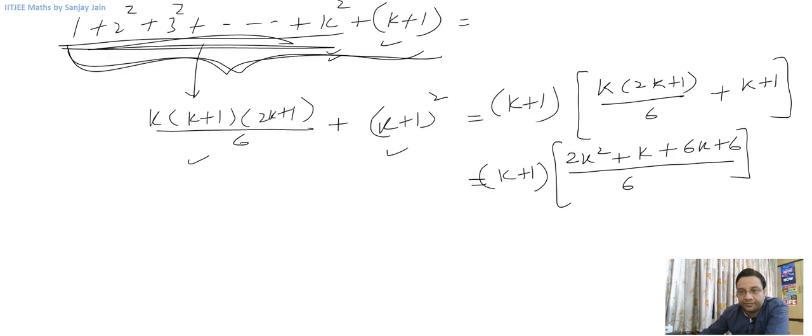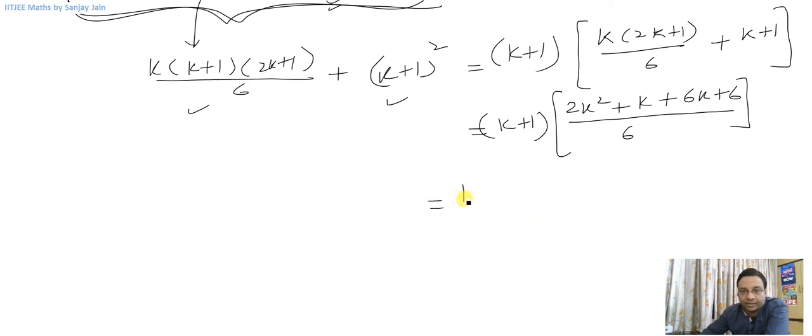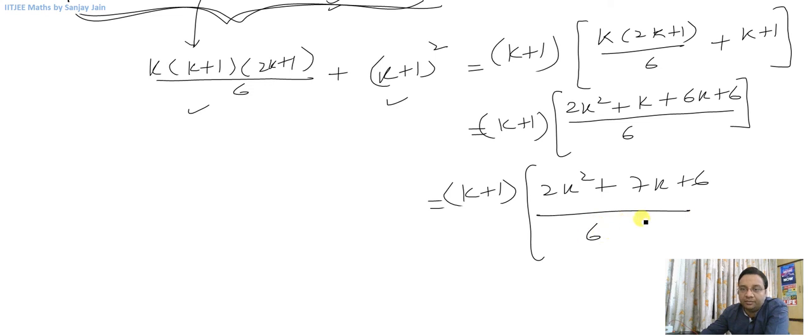And this is a quadratic, so let us see if we can factorize it. Let me write the quadratic in standard form first: 2k squared plus 7k plus 6 divided by 6. This 6 we need in the denominator in the result that we are seeking.